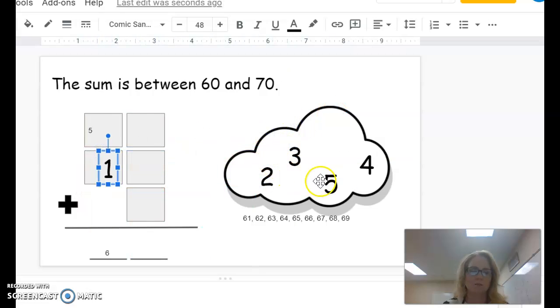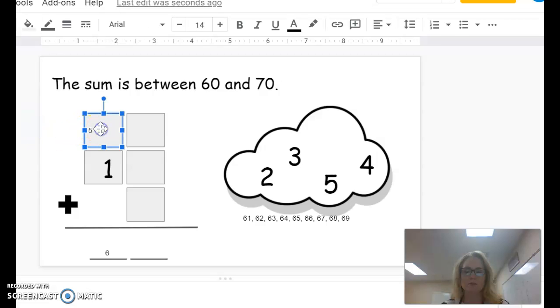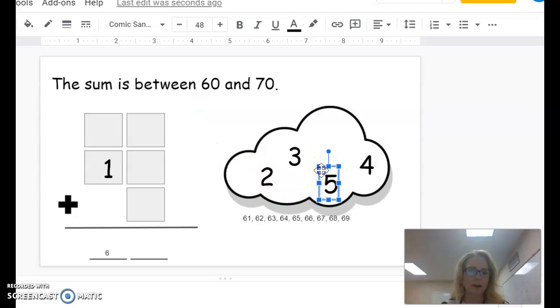I want to move this 5 so we can see that it's gone. I'm just going to go right in here and take that away. Now we're going to grab this 5. Now, 5 plus 1, we have our 6 right there.